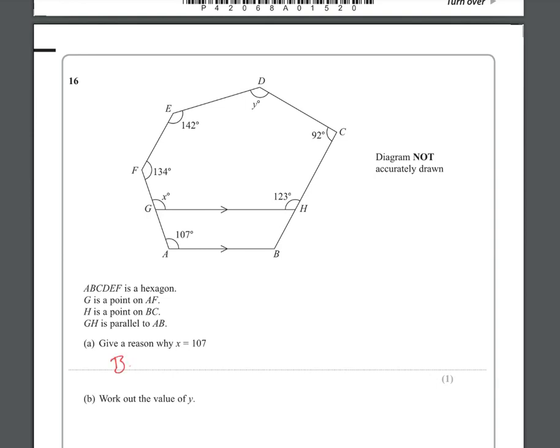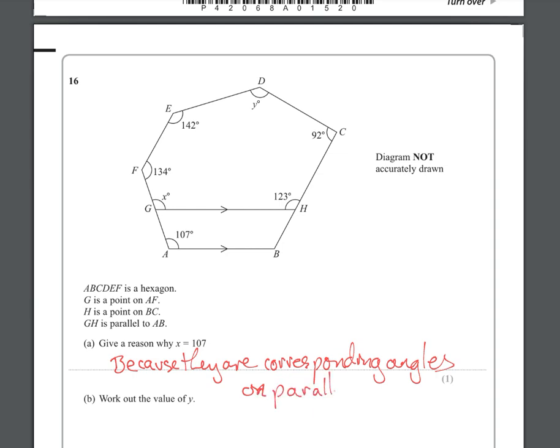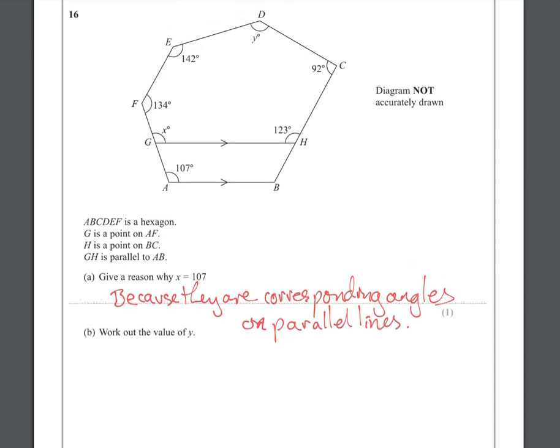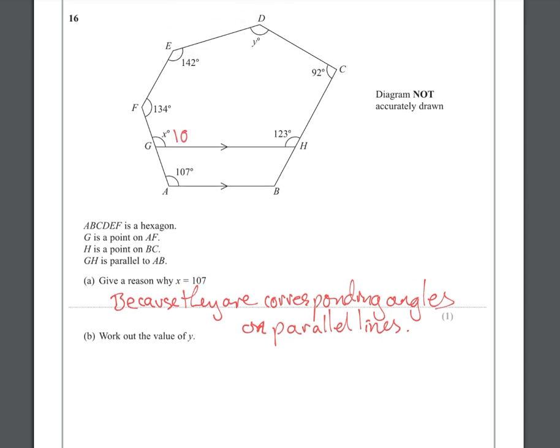So it's because they are corresponding angles on parallel lines. So the key bit is the corresponding angles bit. That's the bit you need to get the mark. So that means that is 107.